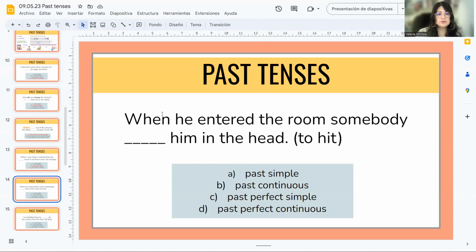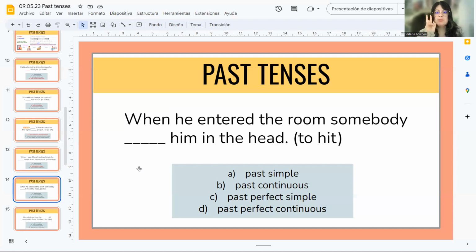We have two actions here also. Let me give you a little hint.